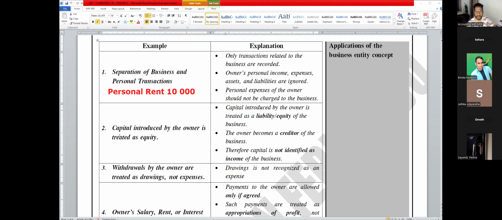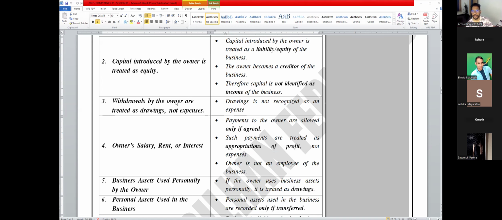Second point: capital introduced by the owner is treated as equity. Capital introduced by the owner is treated as a liability or equity of the business.